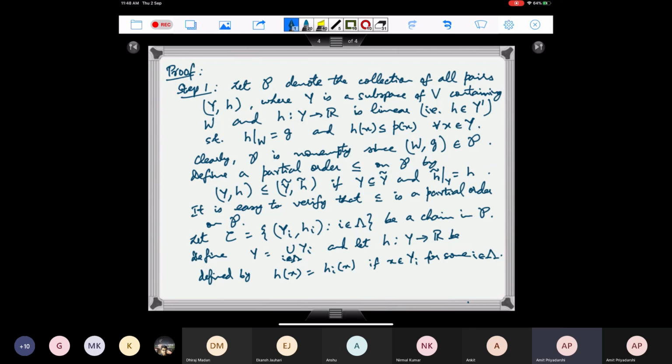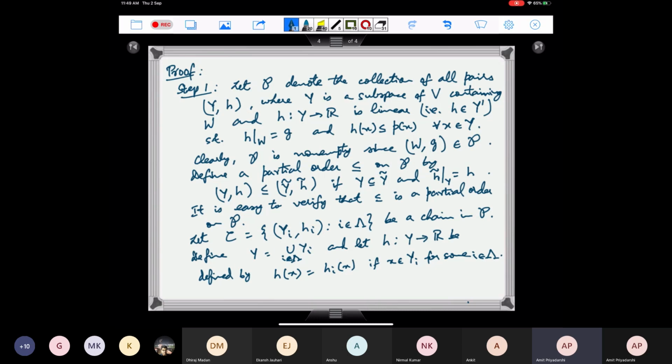And what we now need is that this (Y, h) should be in P. So for that you need to also see that Y must be a subspace of W. In general, the union of subspaces need not be a subspace. But here what we are taking is that these subspaces are such that for any two, at least one is contained in the other.